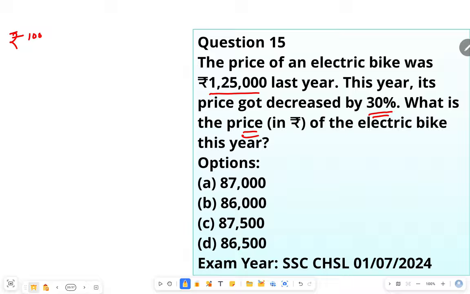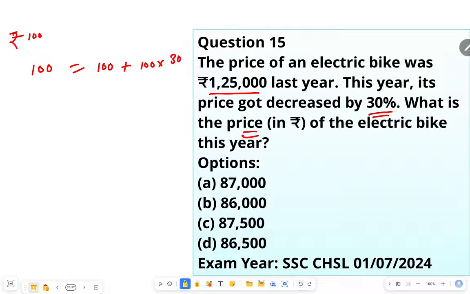Of course you will say, sir, I had 100 rupees and now I have a 30% increase. So 100 plus 30% of 100, this much.